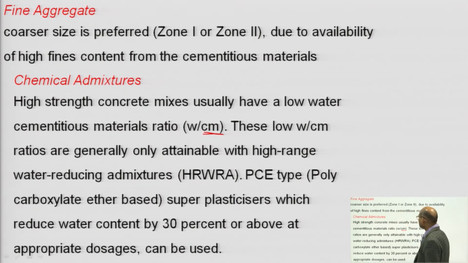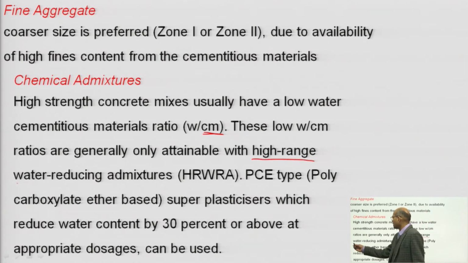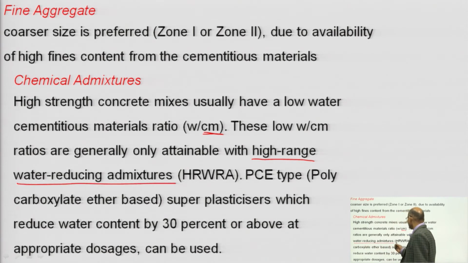These low water cement ratios are generally only attainable with high range water reducing admixture, HRWRA. Generally, polycarboxylate ether based admixture will be better for high performance concrete.